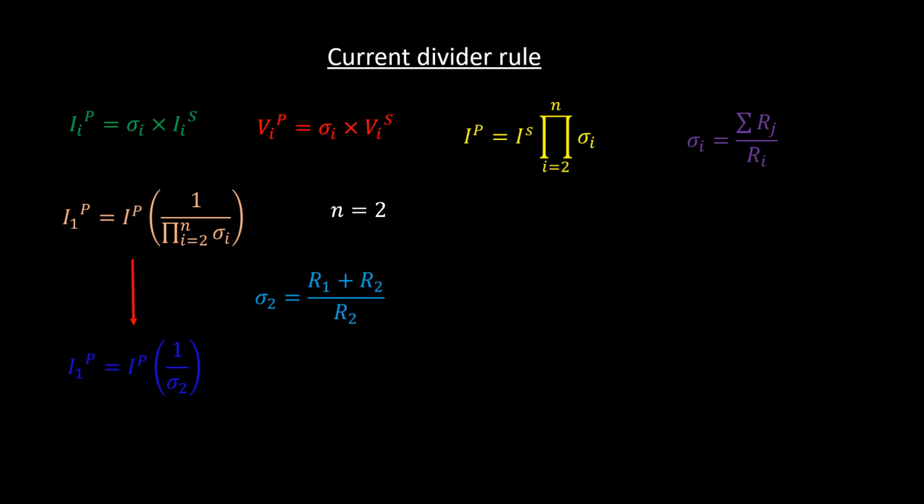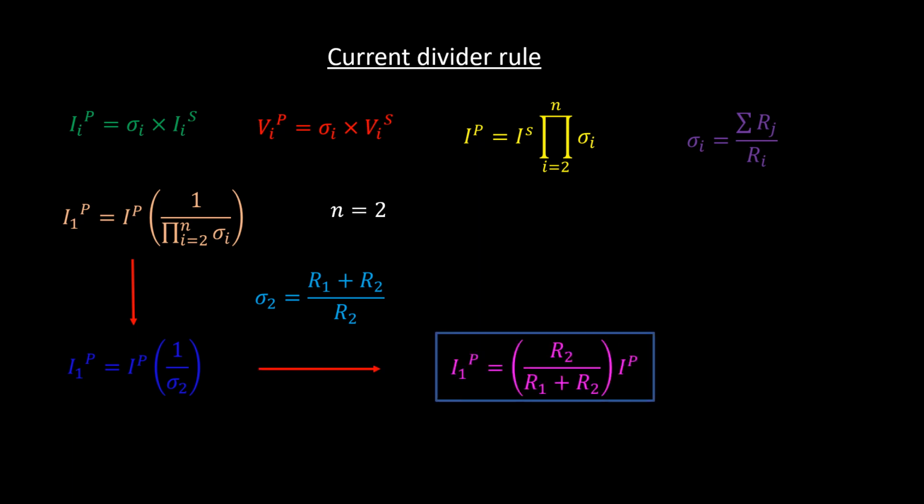Subbing this in the equation yields this. This is the familiar form of the current divider rule, which states that the current through one resistor in a parallel connection of two resistors is equal to the resistance of the other resistor divided by the sum of their resistances, all multiplied by the total parallel current.